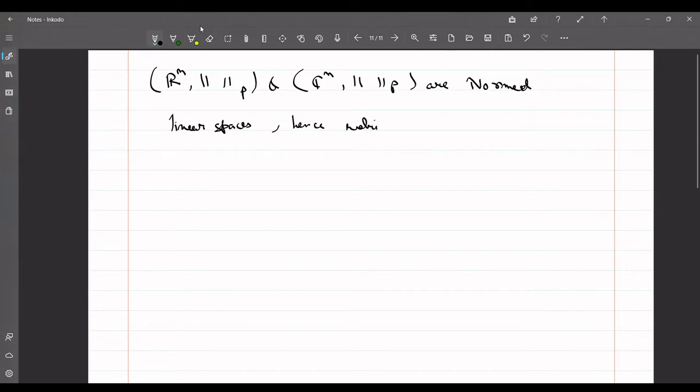And the metric definition I have already given. Clear? Okay. Next we move on to our next concept, which is regarding sequence spaces.